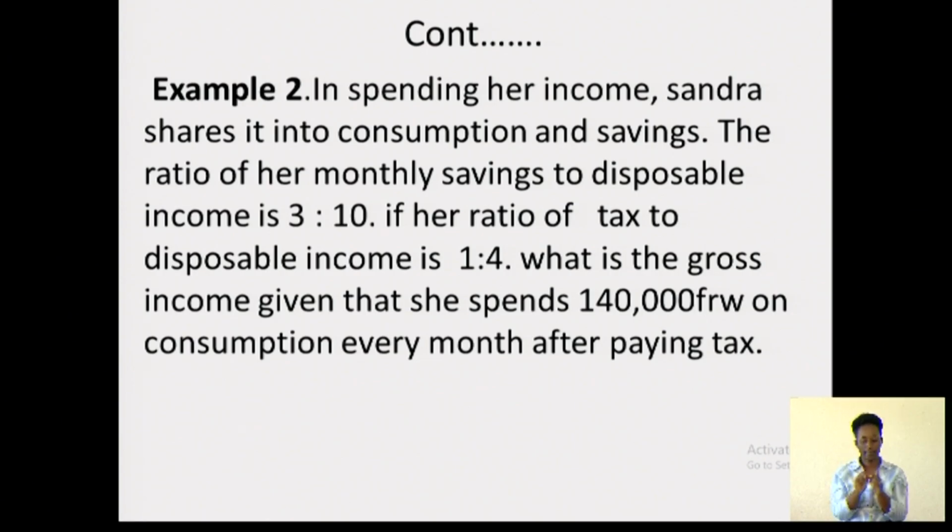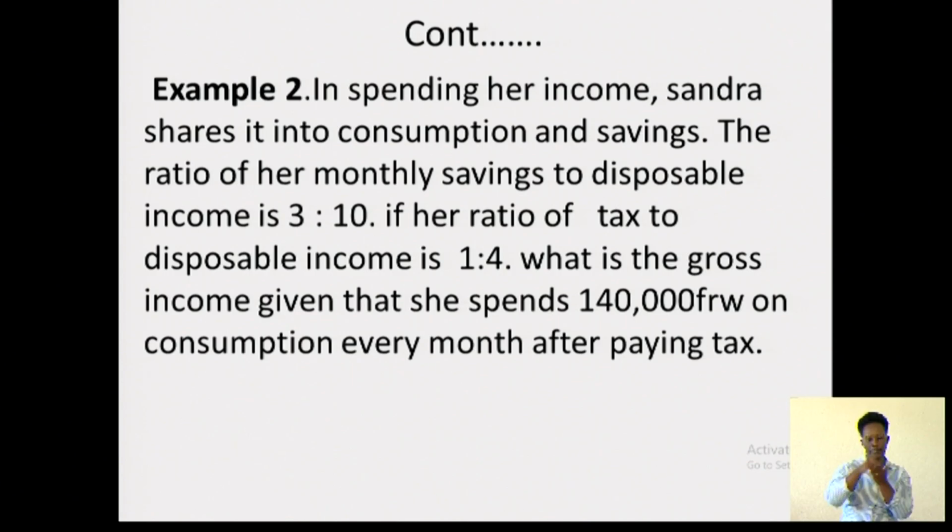The ratio of her monthly savings to disposable income is 3 to 10. Now here we are applying ratios. Then if her ratio of tax to disposable income is 1 to 4, what is the gross income given that she spends 140,000 francs on consumption every month after paying the tax?